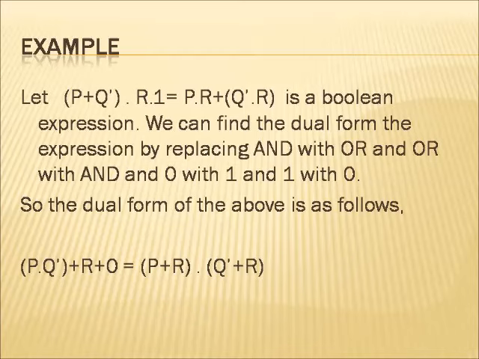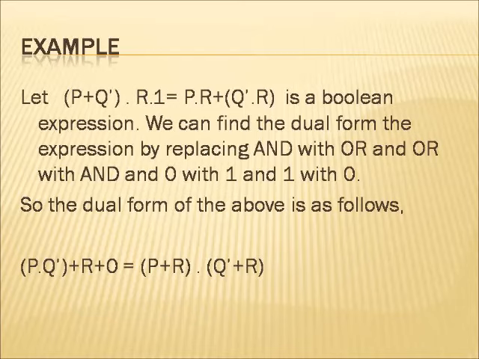Okay, here you can see an example for deriving a Boolean expression, or finding the dual of the Boolean expression, by replacing AND with OR and OR with AND. Okay, so the given expression is (P plus Q bar) dot (R dot 1) is equal to P dot R plus Q bar dot R. So here you can see that in the case of P plus Q bar, P and Q are connected with the plus.